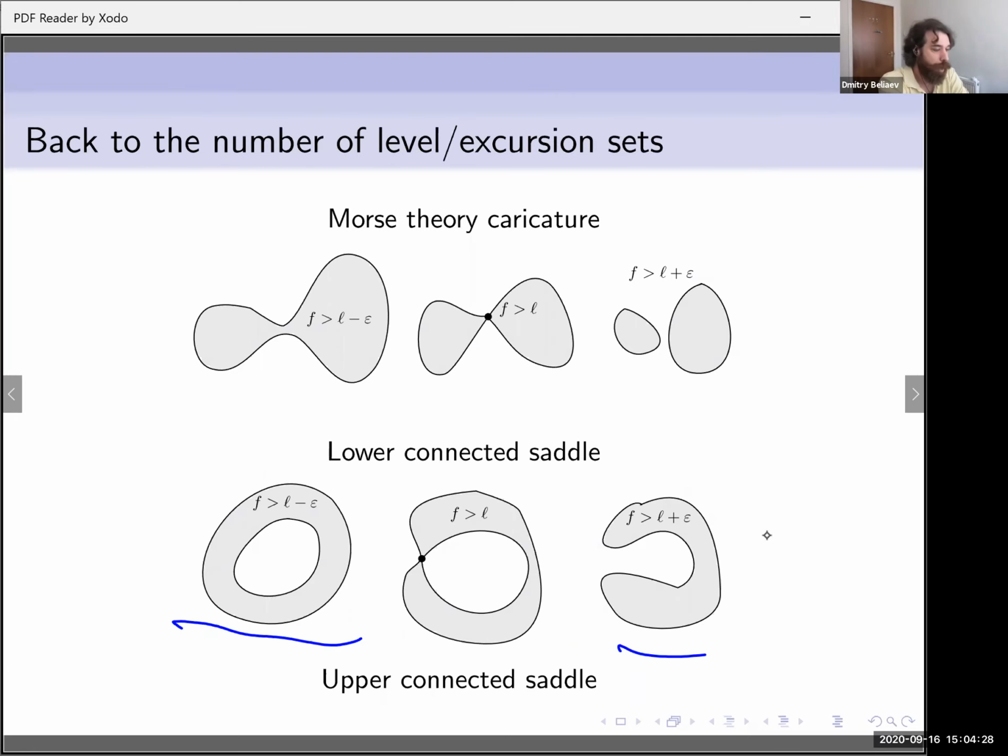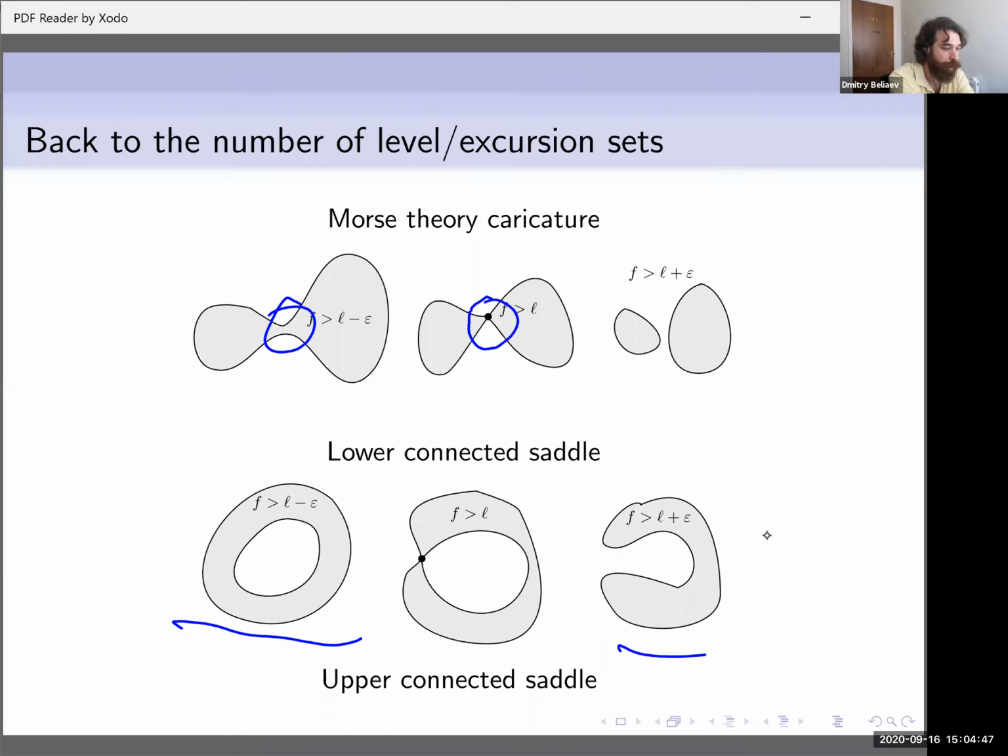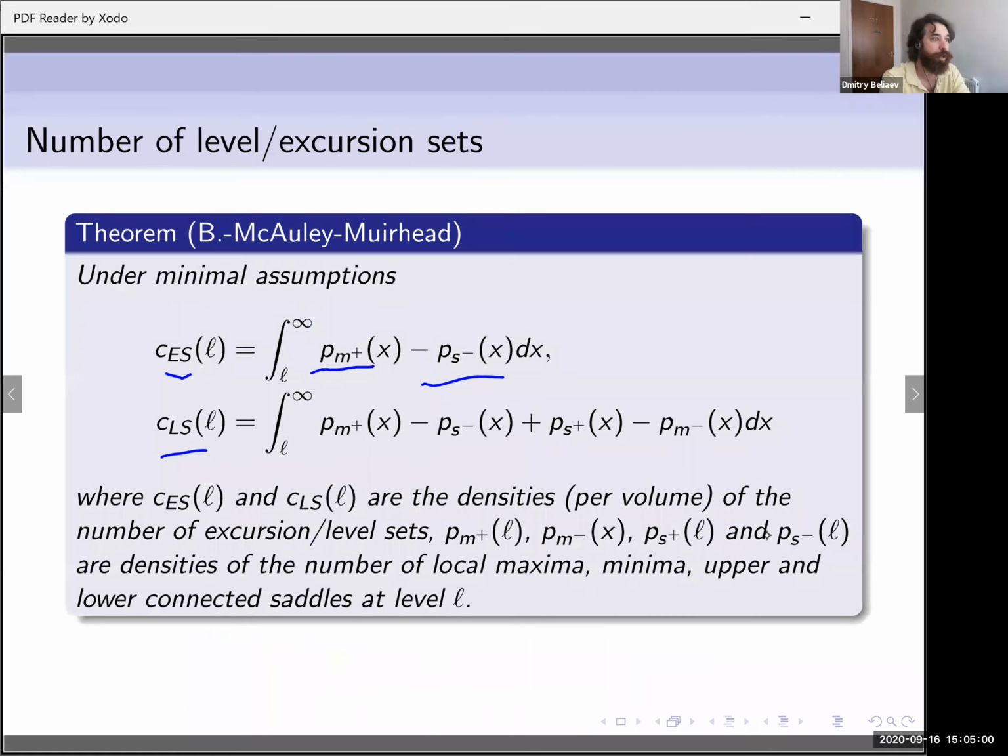Unfortunately, densities of lower and upper connected saddles are not really local, because there is no way to locally figure out whether you get this type of picture or this type of picture by looking at a saddle. Locally, all saddles look the same. So it's not really a local thing, but at least it's related to something which is local.